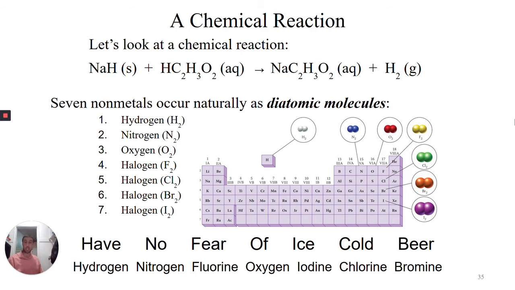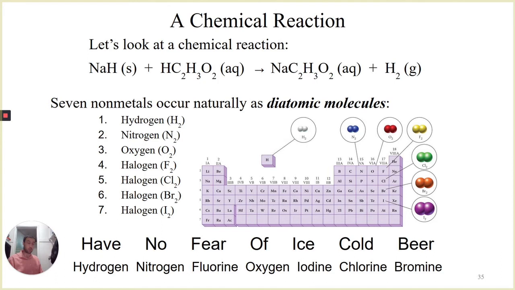And the associations with it would be the letters in each of those statements. Have, hydrogen, H; no, nitrogen, N; fear, fluorine, F; of, oxygen, O; ice, iodine, I; cold, it's not perfect, Cl, cold, as opposed to carbon, so chlorine; and then beer, bromine.